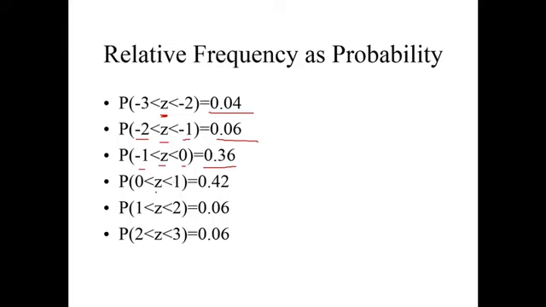The probability that little z is between 0 and +1 is 0.42. The probability little z is between 1 and 2 is 0.06. And the probability that z is between 2 and 3 is again 0.06. So again, we can view these data in terms of probability with equally likely outcomes.